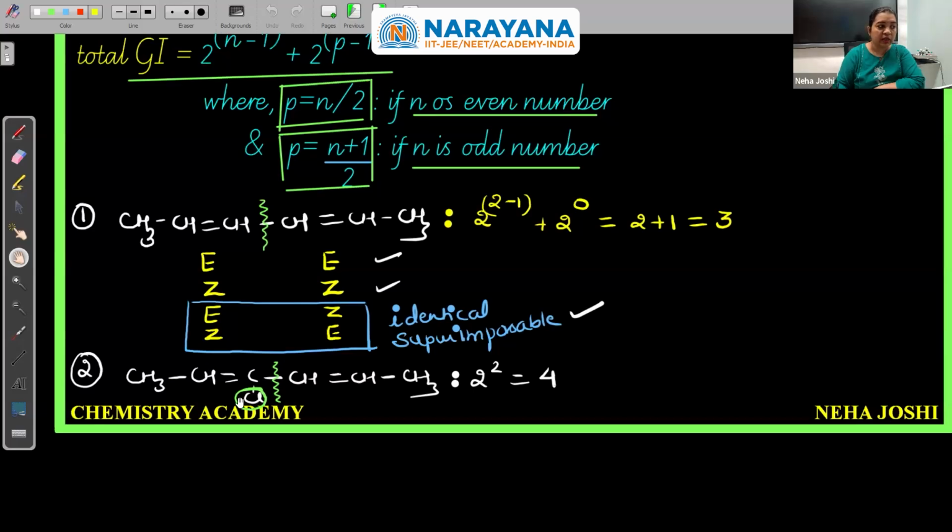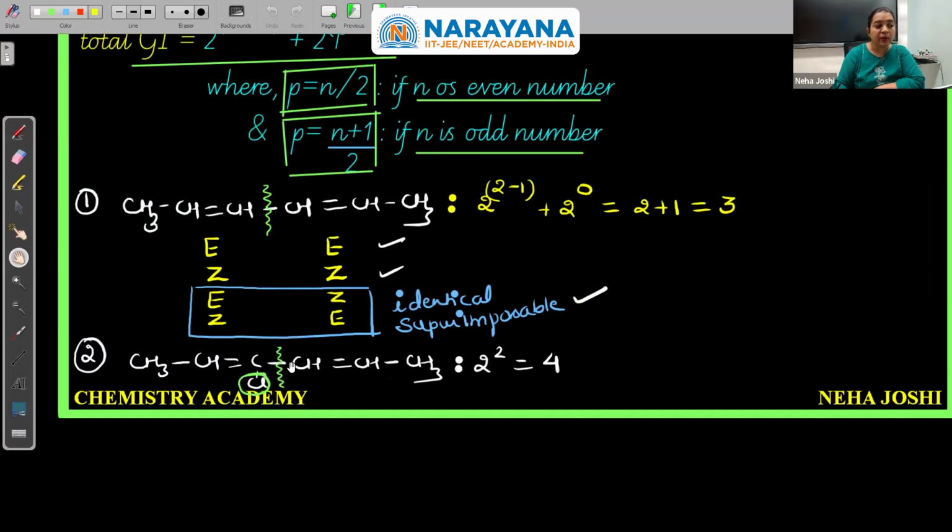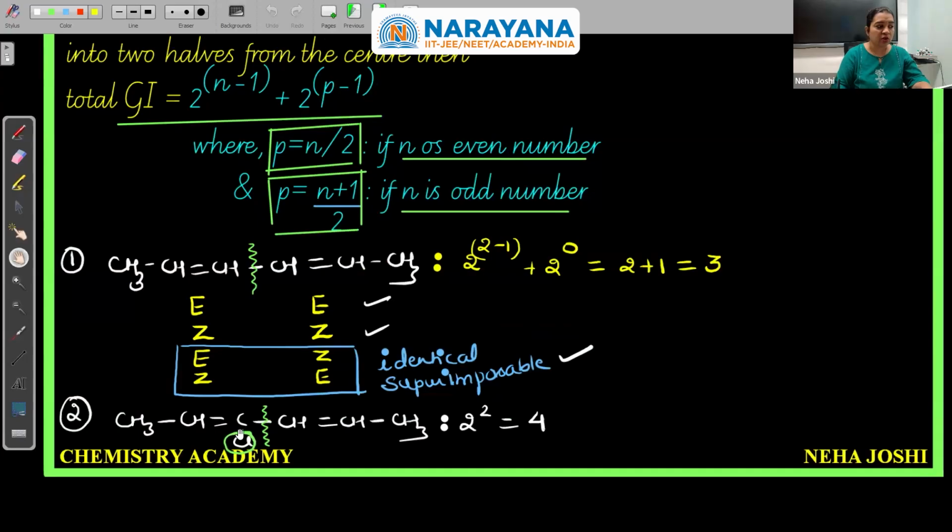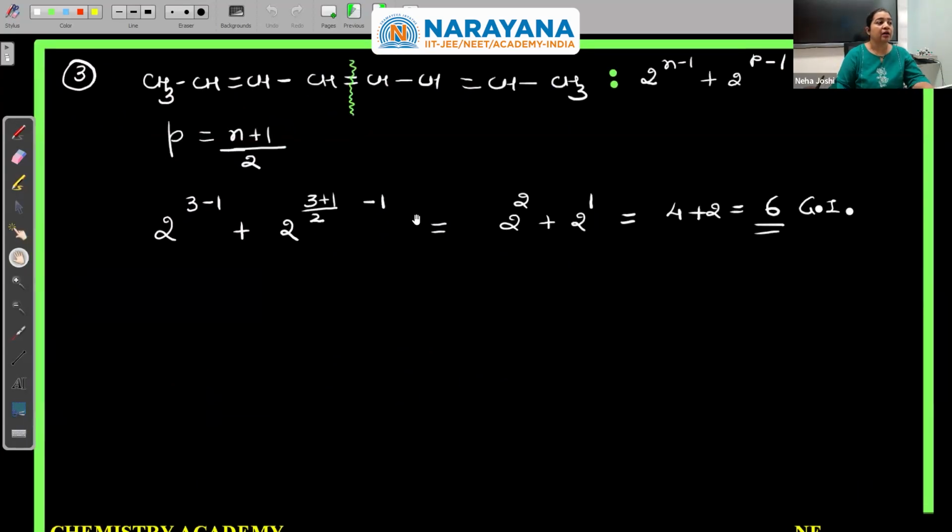Same here. Now here again, due to this Cl, it cannot be cut into two halves, and it is also not symmetrical. So 2 raised to power 2, 4. Here it will be 4 because this chlorine will not allow EZ and ZE to be identical. If I come here, 2 raised to 3, right? Odd number.